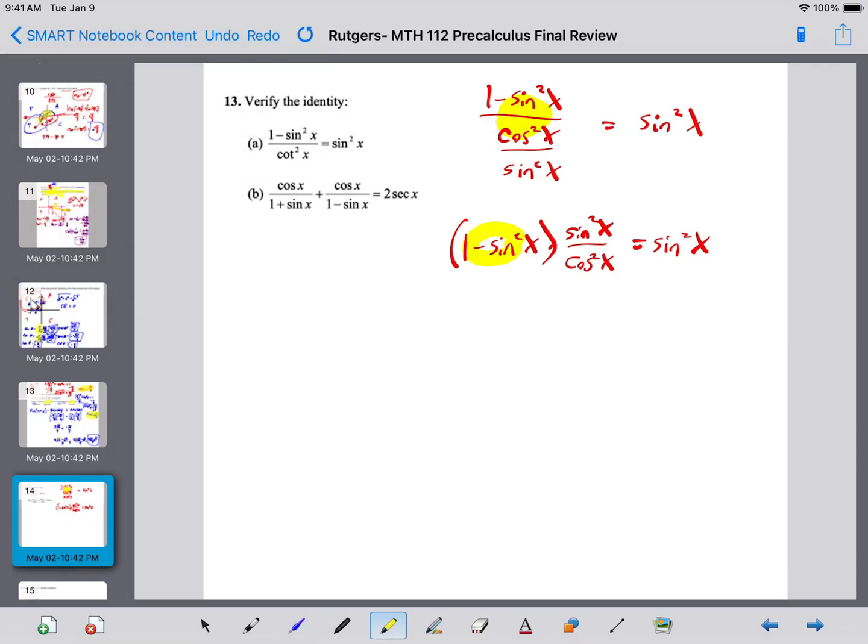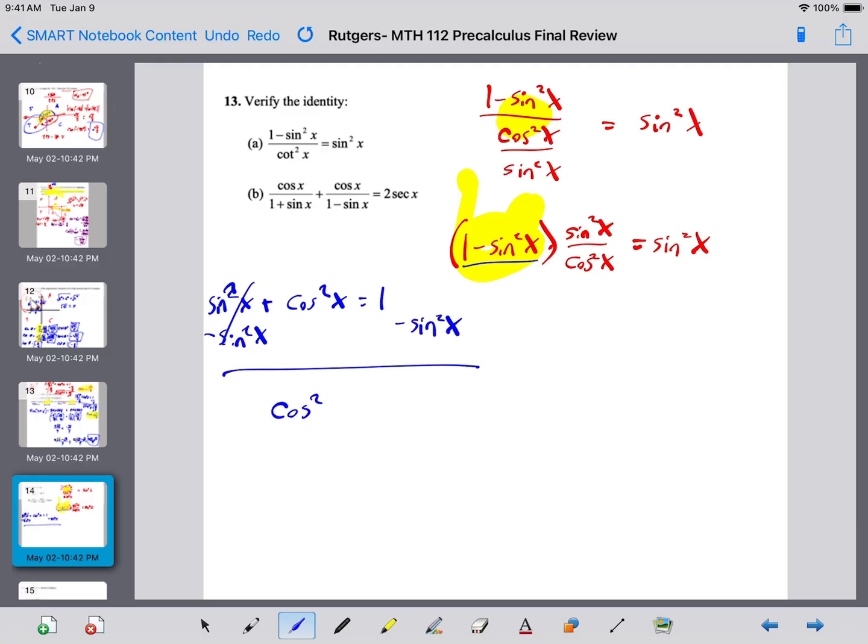Immediately, when I see 1 and sine squared or cosine squared, I think to myself, that kind of looks like the Pythagorean identity. So let me write the identity. Sine squared plus cosine squared equals 1. So let's see how I could make it 1 minus sine squared. Oh, look at that. I could just subtract sine squared of x. So now I have cosine squared x equals 1 minus sine squared of x.